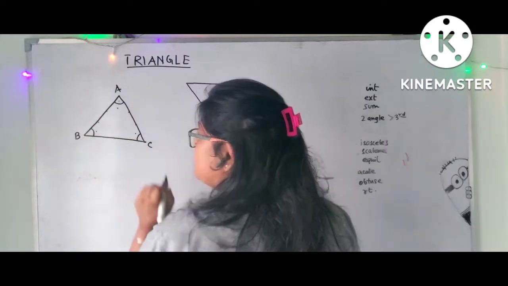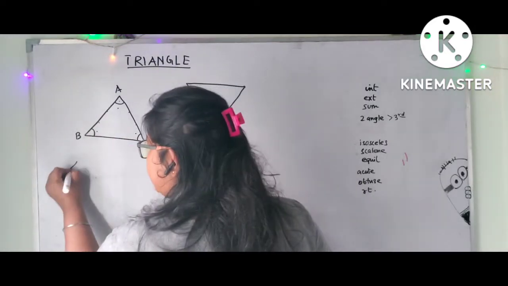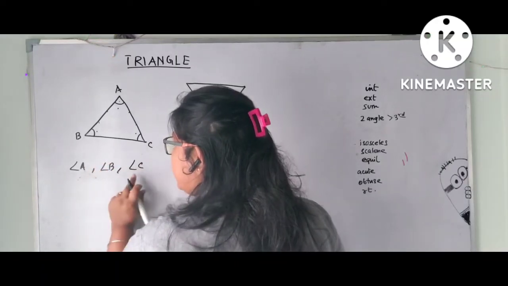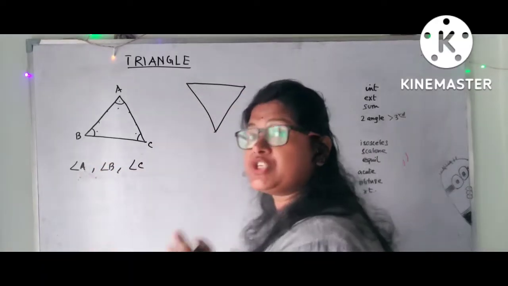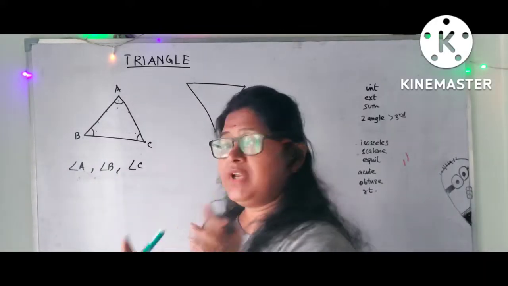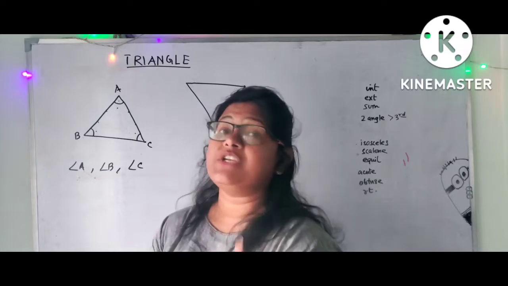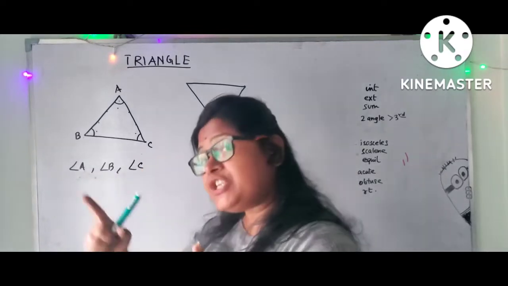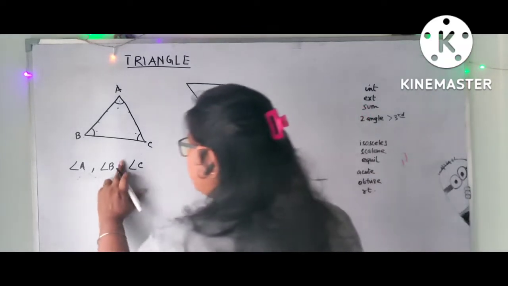these 3 angles, that is angle A, angle B, and angle C, are always in a relation. A triangle with 3 angles will always have one common relation, and that relation is that the addition of these 3 angles will always be a straight line.